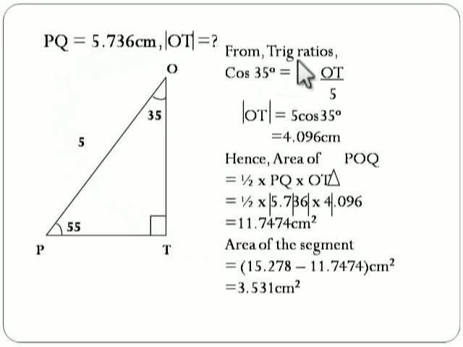So, from the trig ratios, now we are dividing the angle 70 into 2 because this height will divide the angle 70 into 2, since the height is perpendicular to the base of the triangle, if you can check that.